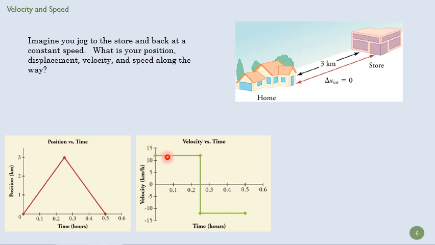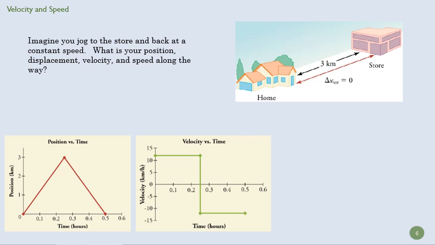So my instantaneous velocity is 12 kilometers per hour this whole time. Then immediately here, I turn around, so we get a little disjuncture here. And I'm headed back home, but at the same speed, right? My speed is still 12 kilometers per hour, but my velocity is in the negative direction.